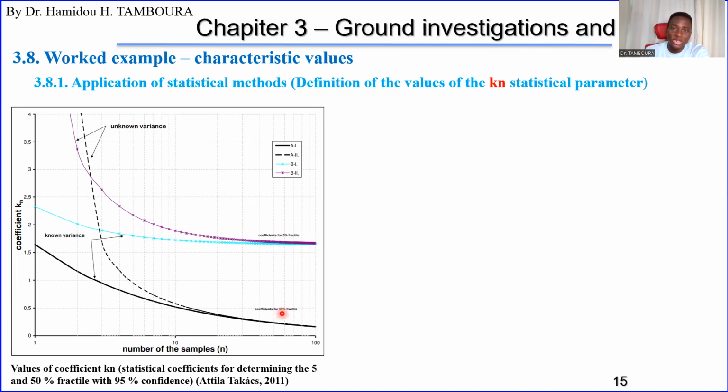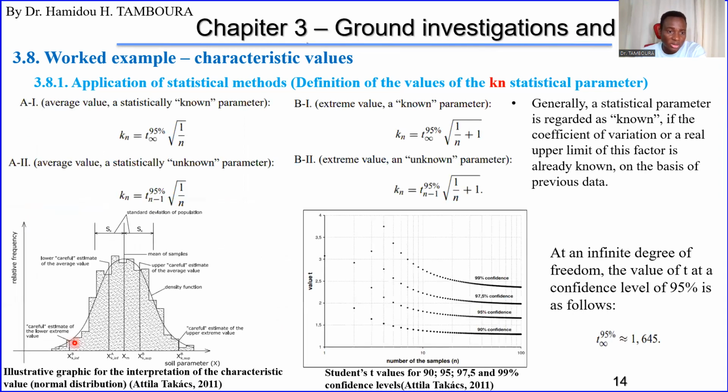That is very important. Let me go back to explain it again. This one, the mean value is 50% of fractile. Okay, 50% of fractile is mean value. However, 5% of fractile is this one. The extreme low value is this one.